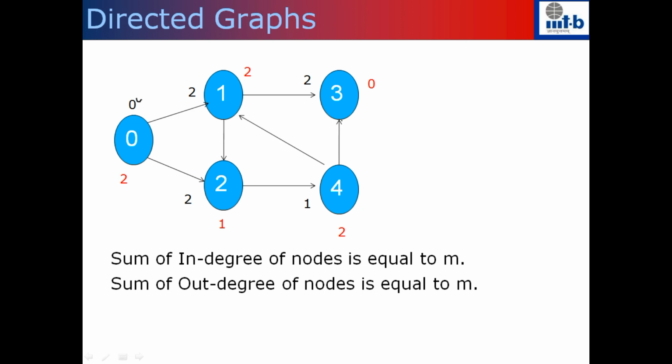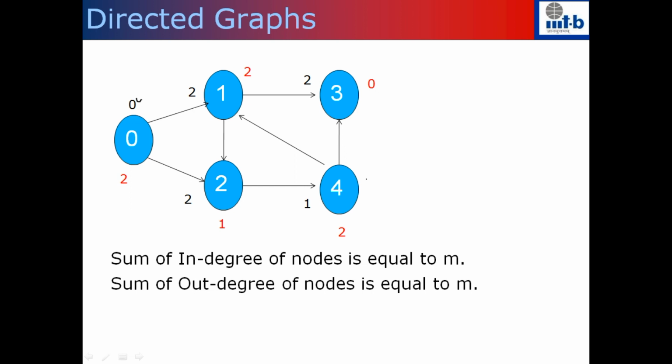Similarly, if you take the vertex 3, it doesn't have any outgoing edge, so the out degree of this is 0, whereas it has 2 incoming edges to this particular node, so the in degree of this is 2. Similarly, we have written the in degree and out degree of every vertex in the graph.